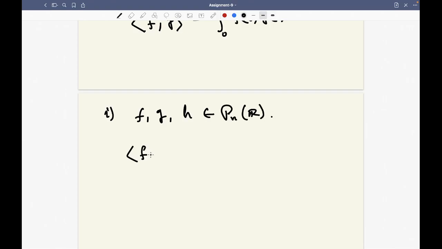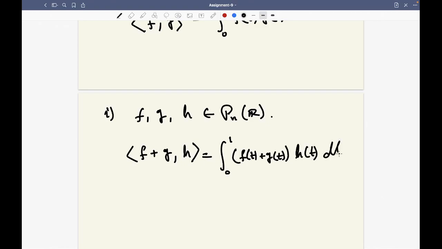You have to check this: (f plus g) inner product with h. So what is this? Integration 0 to 1 of (f(t) plus g(t)) times h(t) dt.